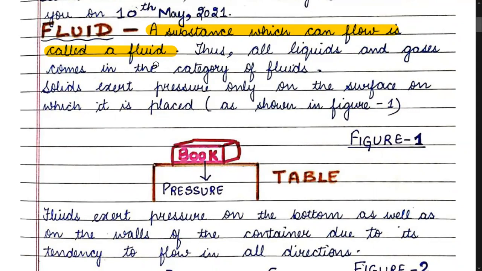Children, now if you place a book on a table, you will observe that the book is applying pressure on the table in downward direction. Even if you stand on the sand, you are applying pressure on the sand.